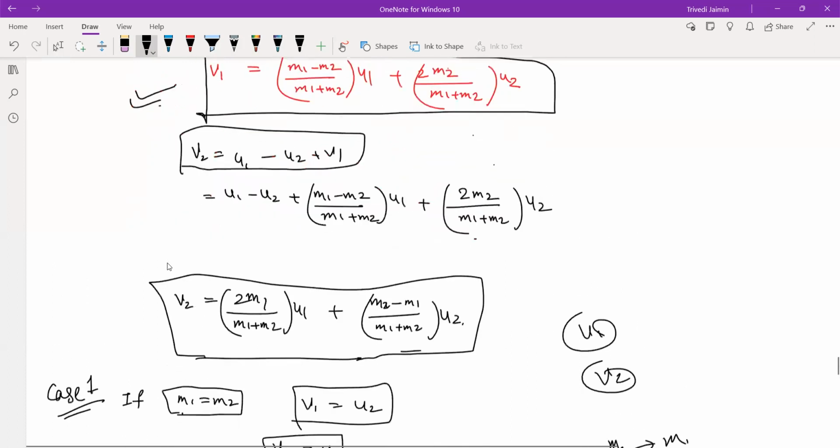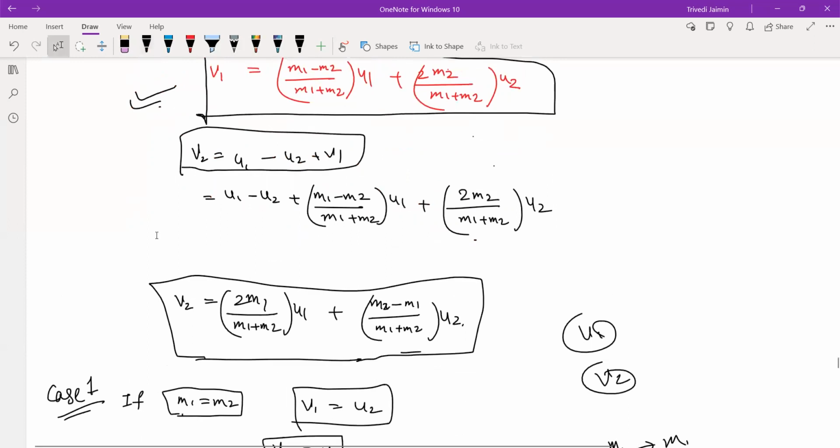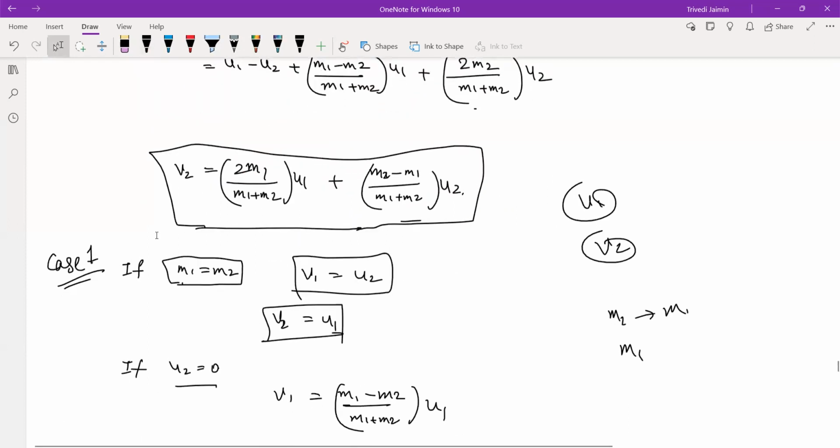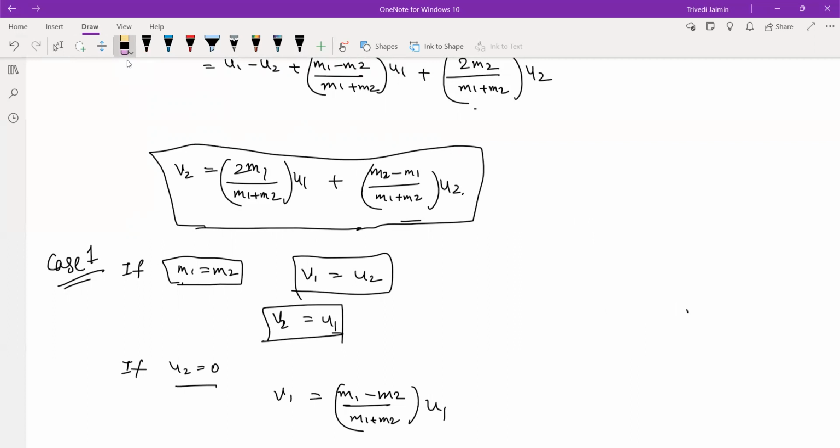The u1 terms should be 0, leaving 2 m1 u2 by 2 m1.